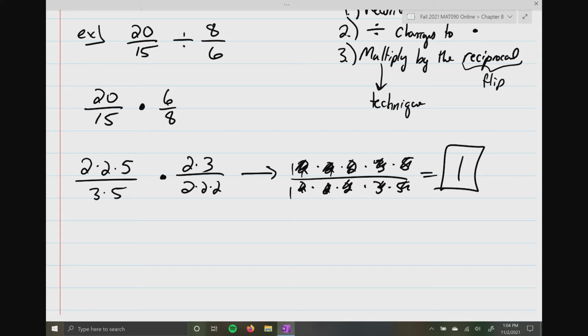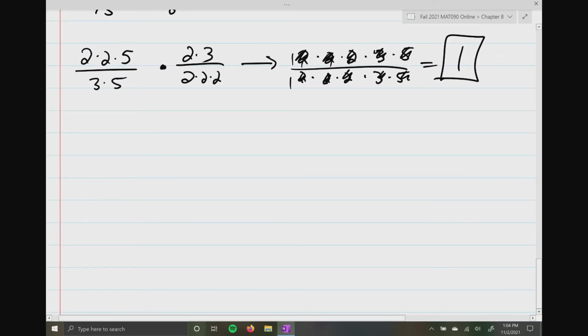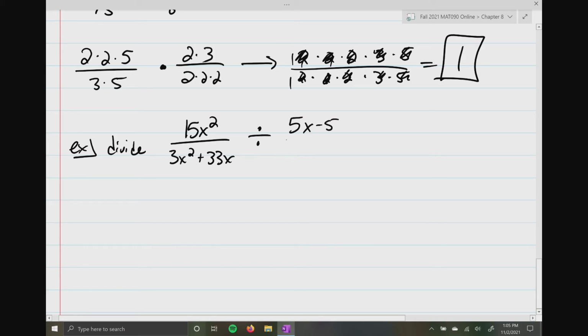So let me give you one here. We're going to divide 15x squared over 3x squared plus 33x, divided by 5x minus 5 over x squared plus 9x minus 22.